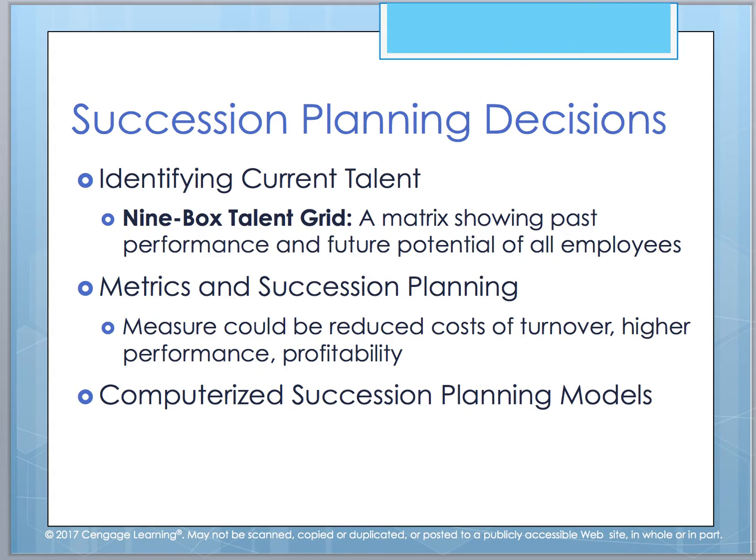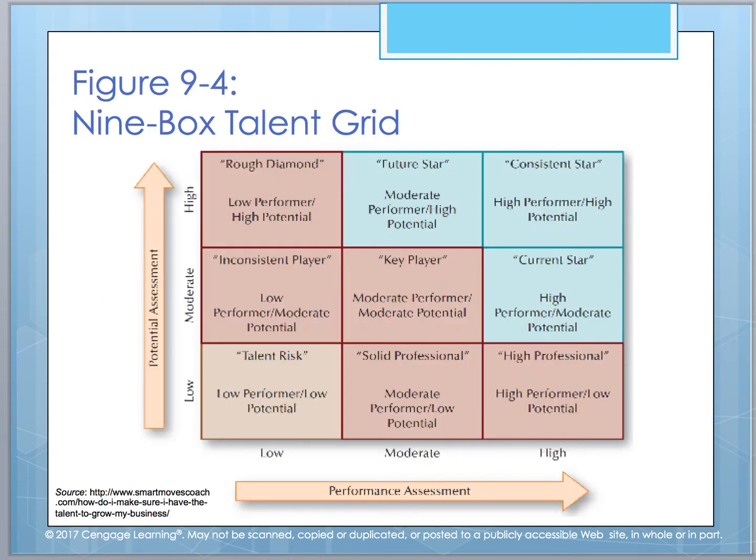It can increase performance and profitability. And then there's, of course, some planning models that are computerized that make this an even easier task. The grid that I just mentioned is visualized here, and you can see the potential assessment from low to high and the performance assessment from low to high.